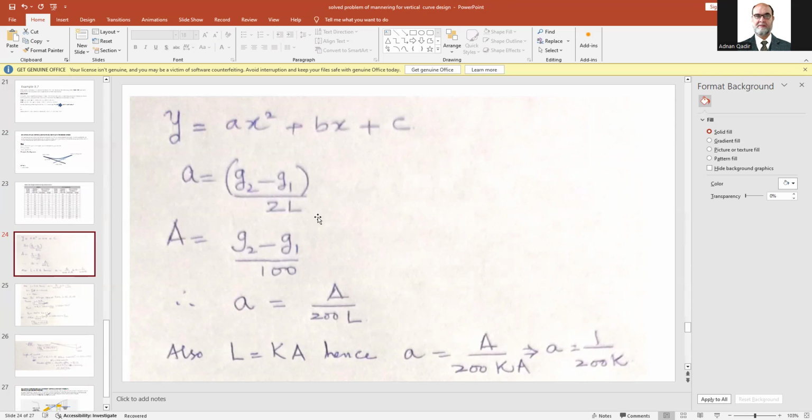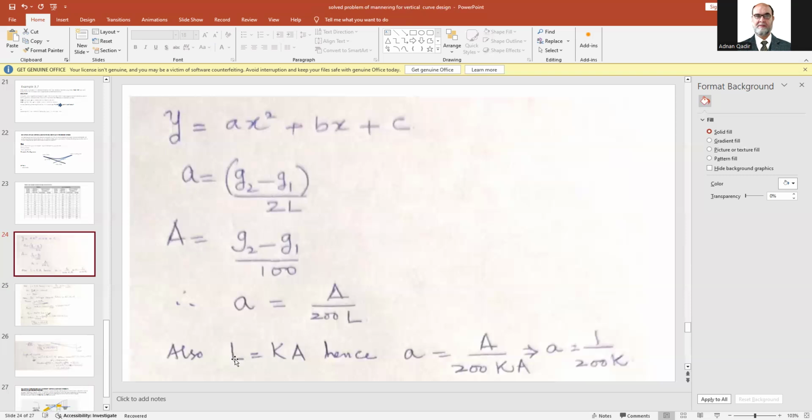And since we know that capital A is the algebraic difference of the grade, we can replace G2 minus G1 with this capital A. So this small a becomes A over 200L.